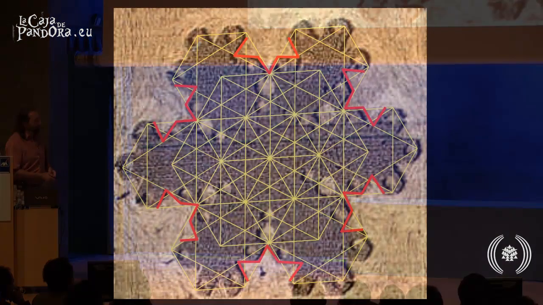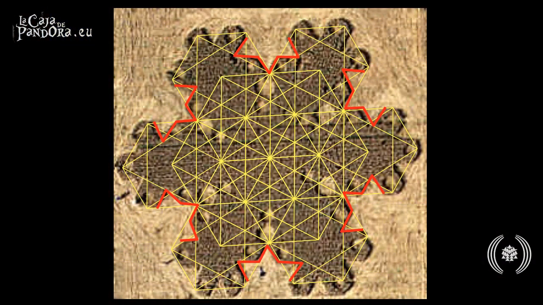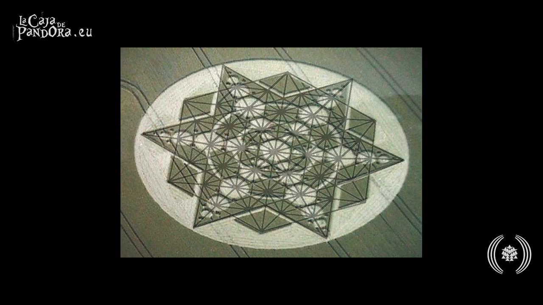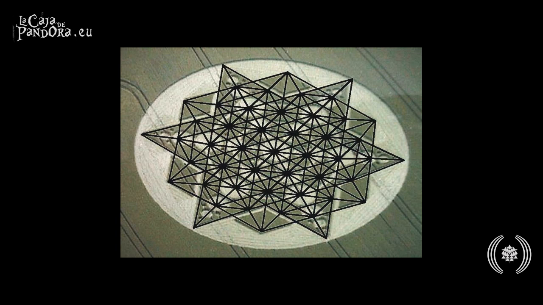And so, it happens as well that if you put the octahedron structure on top of this, it matches nicely. And then other crop circles occurred. Look at that. That's a perfect 64 tetrahedron grid. You'd think they're trying to tell us something.